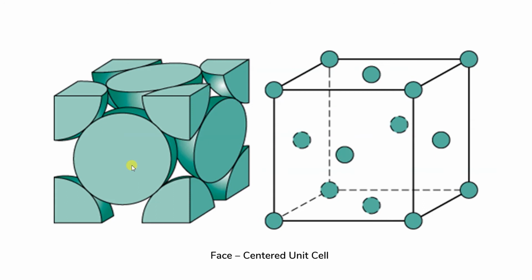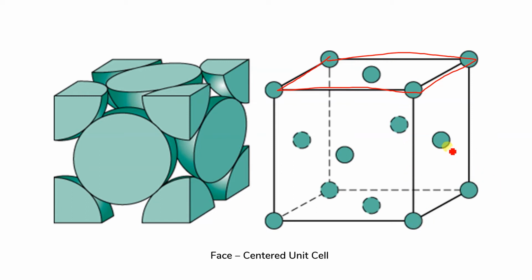Now face centered means along with the corner, in every face there will be a particle. This is one face, this one is another face, this one is the third face, this one is the back side face, fourth, this one is the front face, fifth, and this one is the side face.